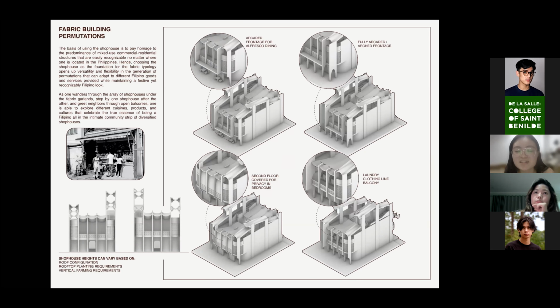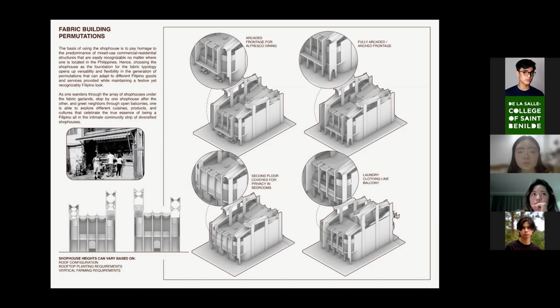Okay, so for our permutations, the way we looked at them was, we looked again at the predominance of mixed-use commercial residential structures in the Philippines, and they're very recognizable no matter where you are in the Philippines. As I mentioned, the balconies, the arcaded sari-sari stores, the laundry and everything.